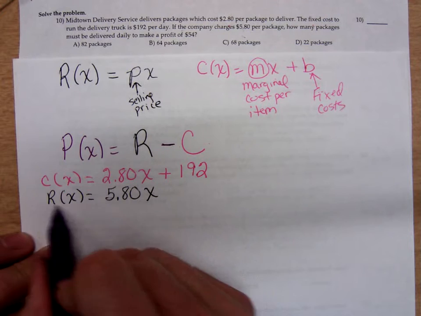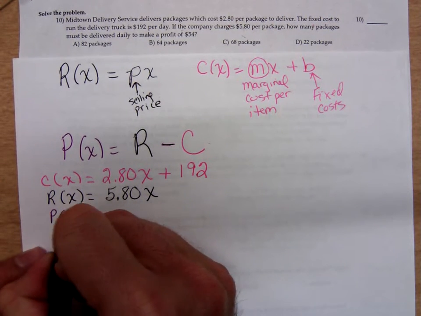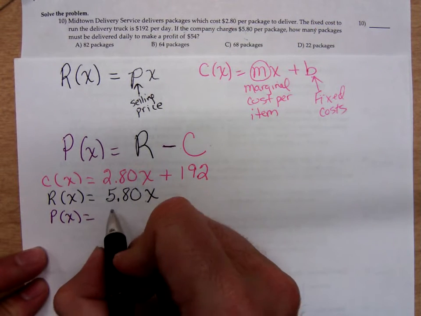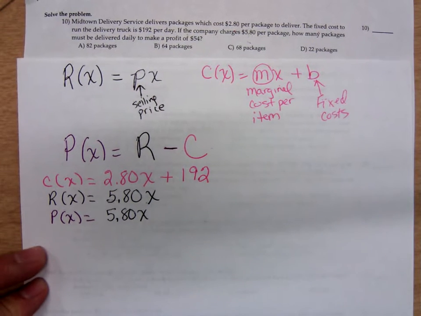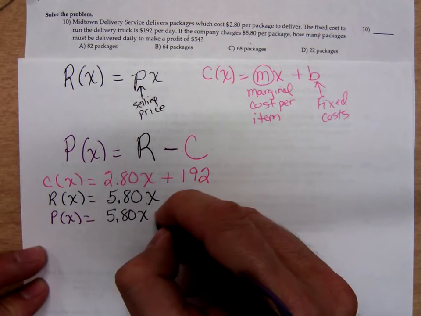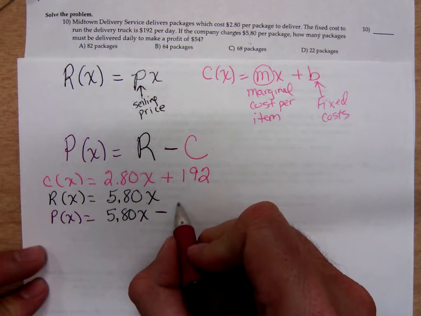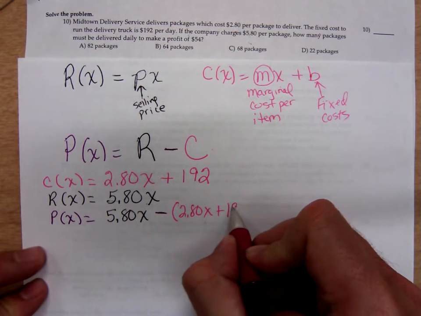Use these to find that profit. Profit is revenue, that's the 5.80x, then minus the cost. The cost is the 2.80x plus 192.